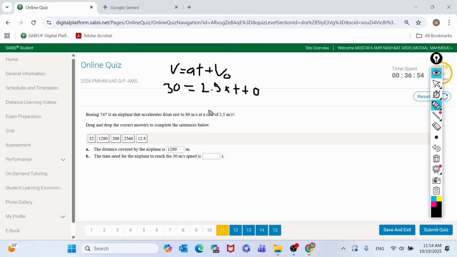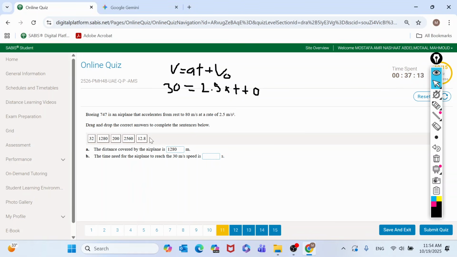So you solve it on your calculator. 30 equals 2.5 times t plus 0. We solve it, you get 12.